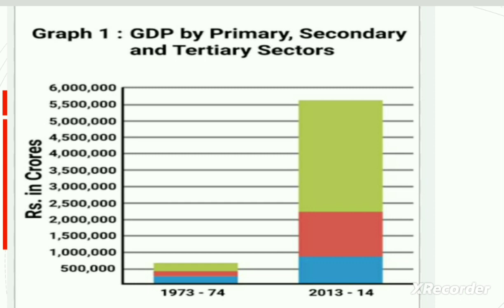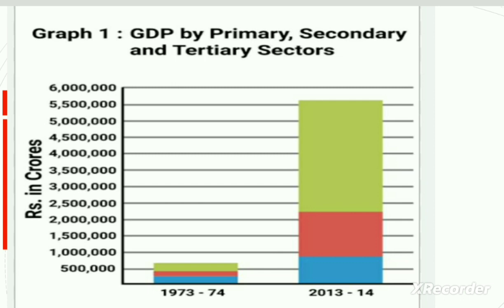That clearly shows that the majority of the income is from the tertiary sector in an economy like India. So the tertiary sector is the major sector, and over a period of time you can see that as the economy grows, the importance of the tertiary sector increases.